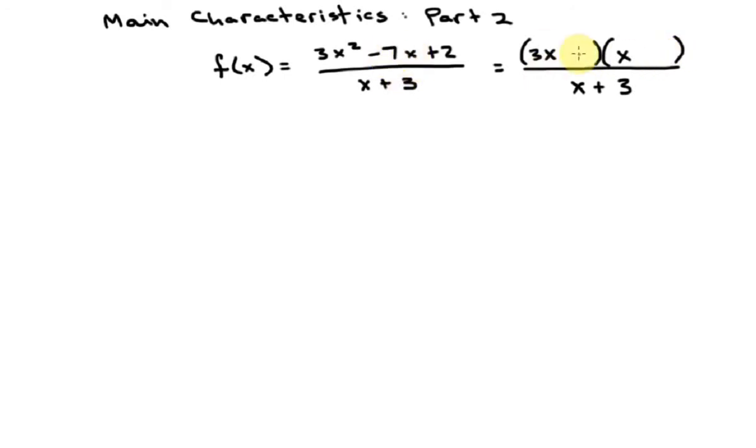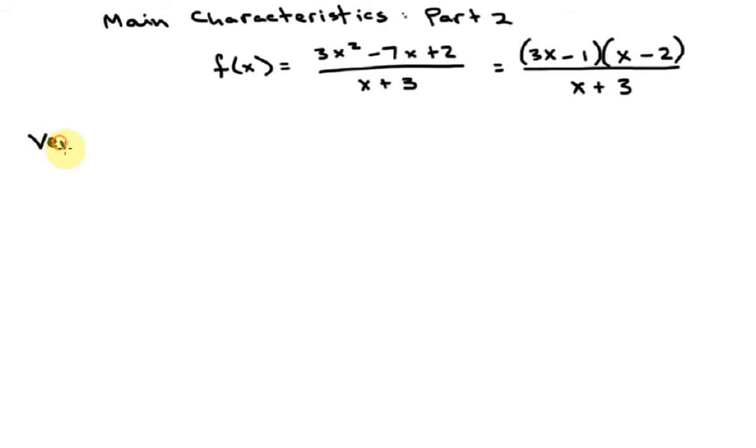I'm trying to make negative 7, so I think I'm going to want 1 and 2 and make them both negative. We just see if that works. We're going to get negative 6x and negative 1x. So yes, that is working, but it doesn't really do much for us because we can't cancel anything. So that's okay. It'll help us to figure out some of the characteristics.